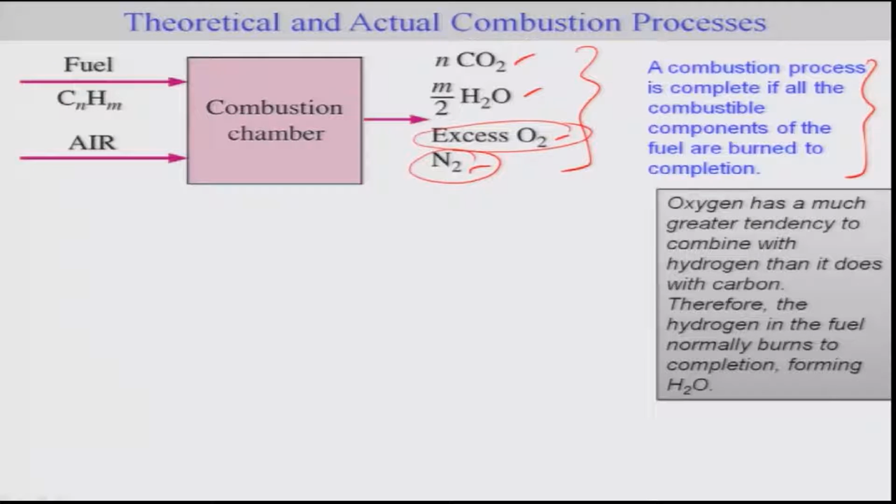Now oxygen has a much greater tendency to combine with hydrogen than it does with carbon, and therefore usually after the completion of the combustion the product will contain mainly H2O plus CO2. Thus the hydrogen in the fuel normally burns to completion forming H2O. So these are the possibilities, besides of course forming CO2.